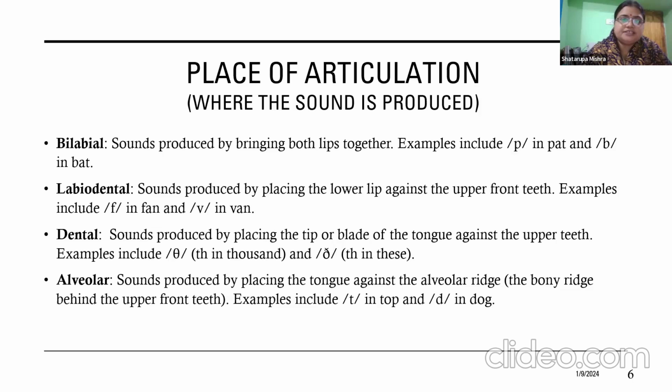This is how you should write the symbols for the sounds if you are asked questions on these terms in the examination. Then we have alveolar sounds which are produced by placing the tongue against the alveolar ridge. Remember the ridge, the bony ridge behind the upper front teeth, a very hard ridge.